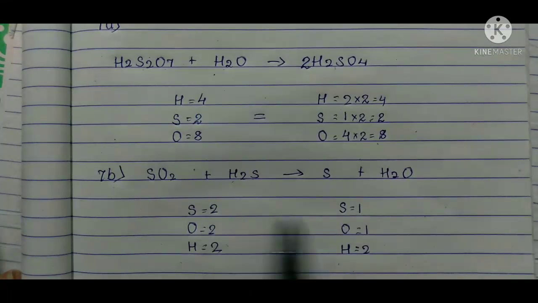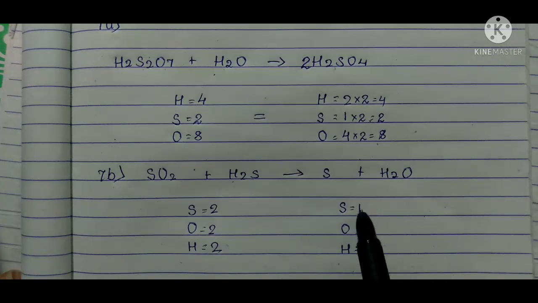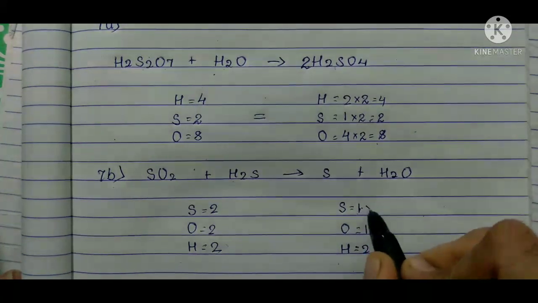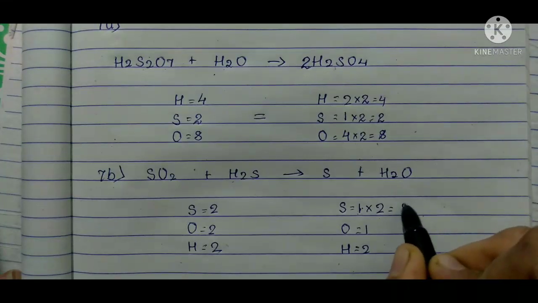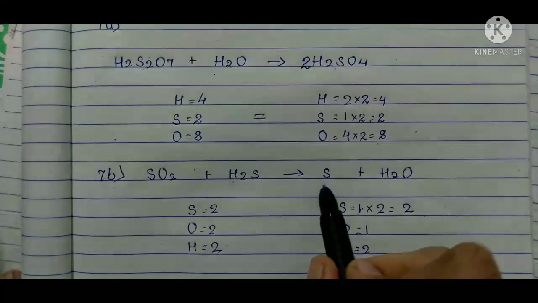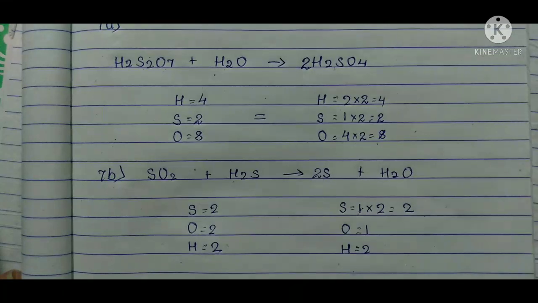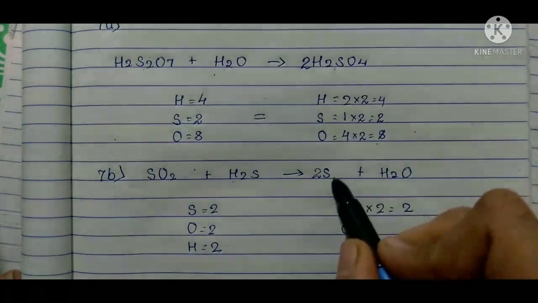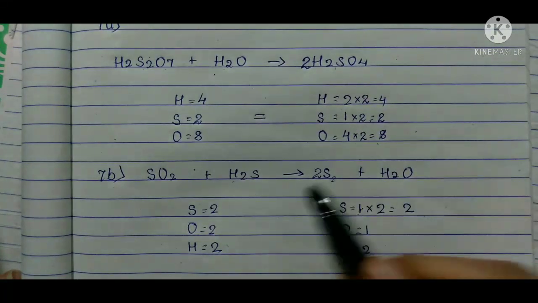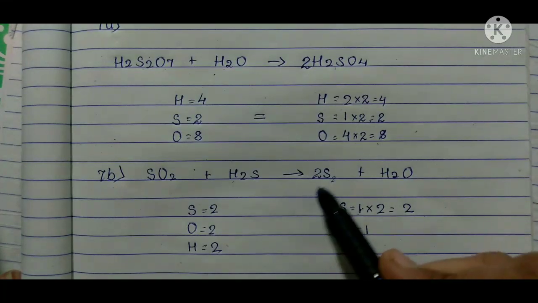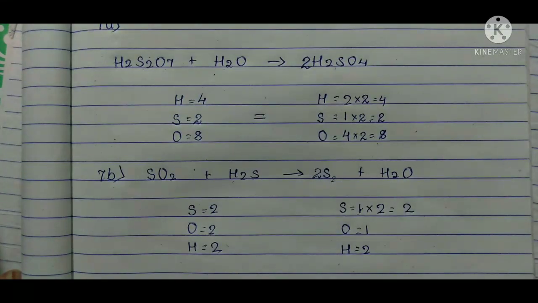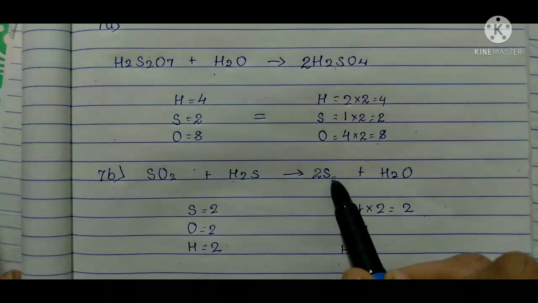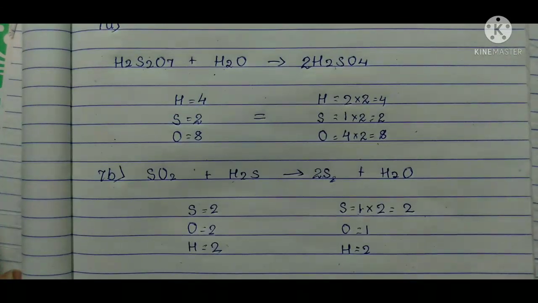First balance sulfur. Here I have 2 sulfur, here I have only 1. So I will increase the number of sulfur in the product. So sulfur multiplied by 2, I got 2 sulfur. I cannot write S2. Why? S2 will become a molecule and sulfur is not a diatomic molecule. Clear? So I will write 2 sulfur in this format.